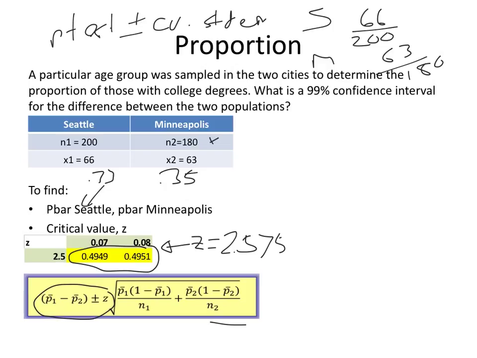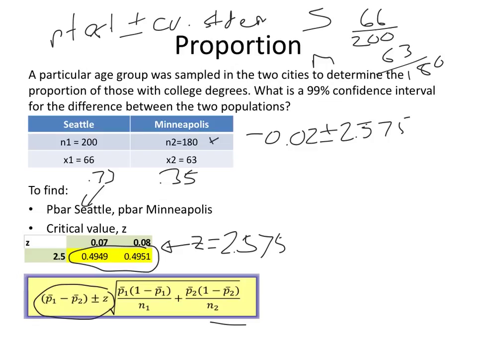We'd have the known values there, so we'd have 0.33 minus 0.35, so we're going to have a negative 0.02 plus or minus 2.575, and then we have to find the value for all the numbers under the square root.